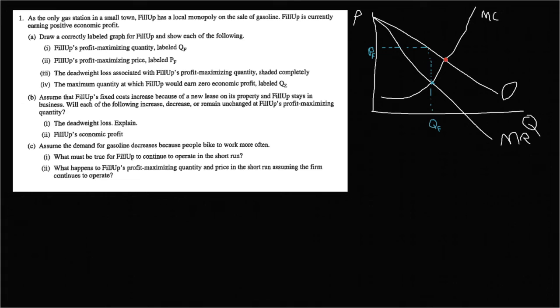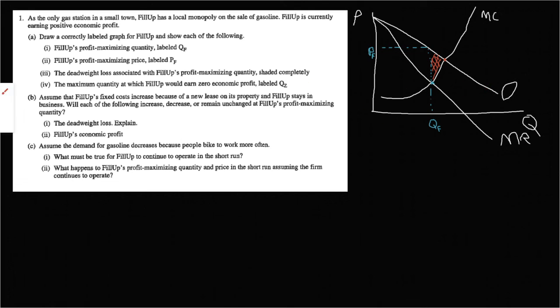This point would be the socially optimal quantity, because if we imagine this as a marginal social benefit curve, this is our marginal social cost curve. So it's an arrow pointing at this point, bounded by our quantity. So this would be our deadweight loss.